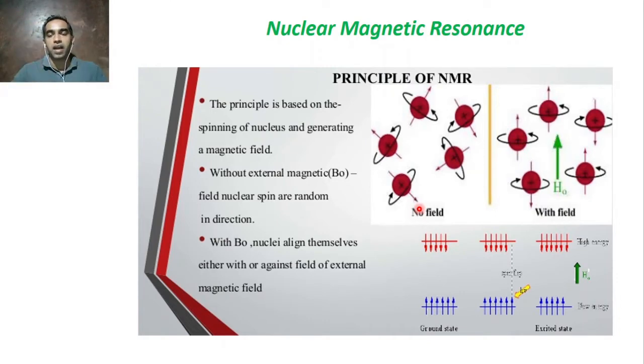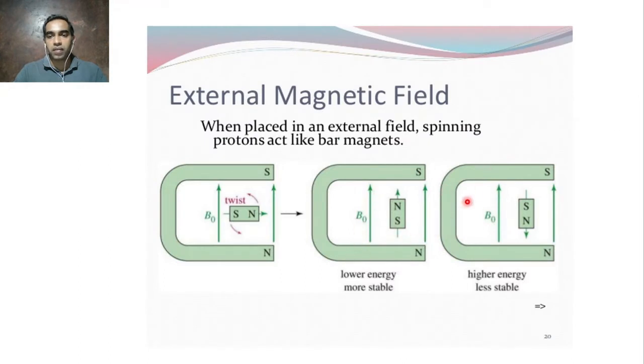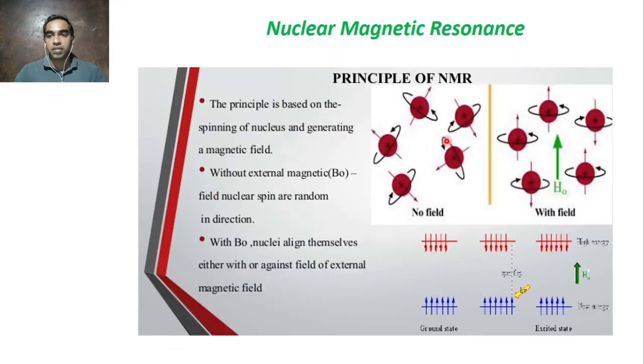They can align either this way or this way. Most of them will be in the direction of the field, and very few nuclei will be opposite to the field.